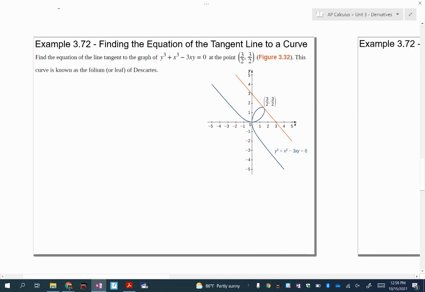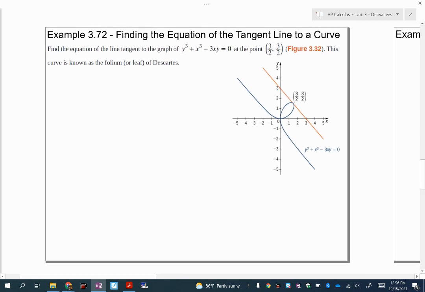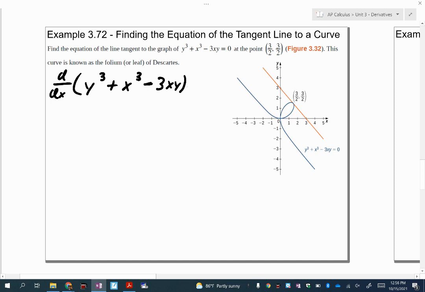Now, this next one is very similar to what we just did, but we've got a lot of work to do because we need to find the derivative of this graph, which is called the leaf or folium of Descartes. So I'm going to do d dx of y cubed plus x cubed minus 3xy equals d dx of 0.